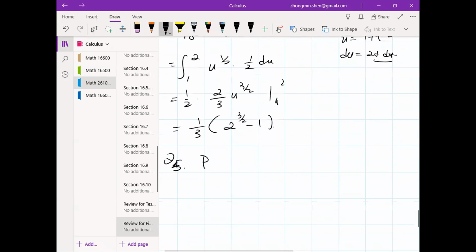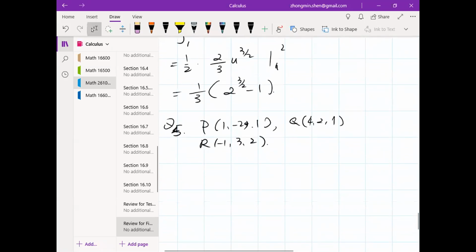Given 3 points, those are 3 points in space.